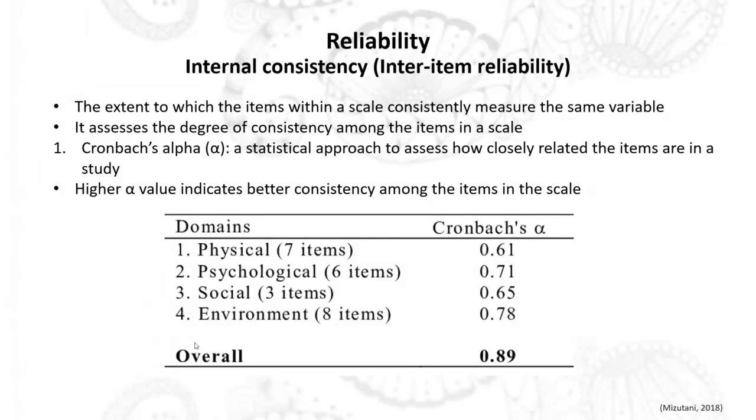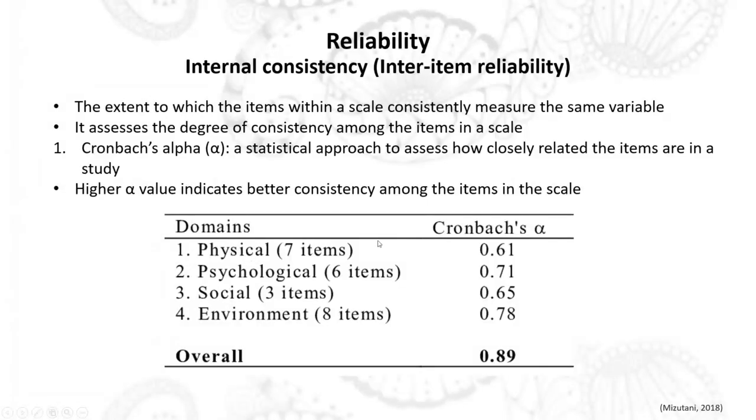And among these 24 items, they can be divided into 4 domains, 4 different categories. Because for quality of life, we have different domains: physical domain, psychological domain, social domain, and environment domain. All these 4 domains explain the quality of life of a person.